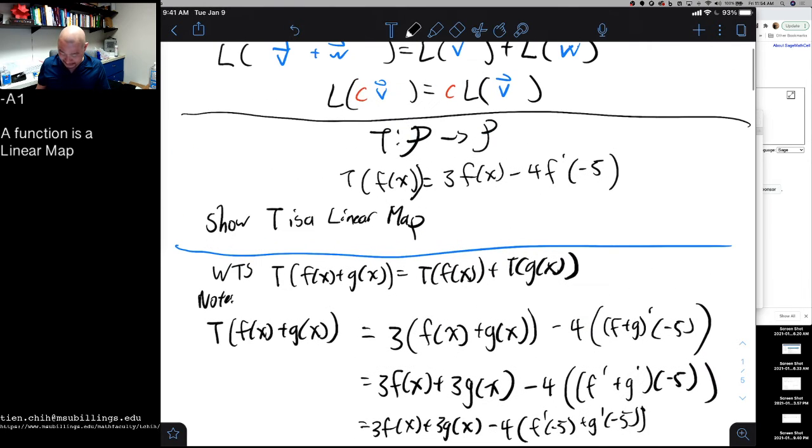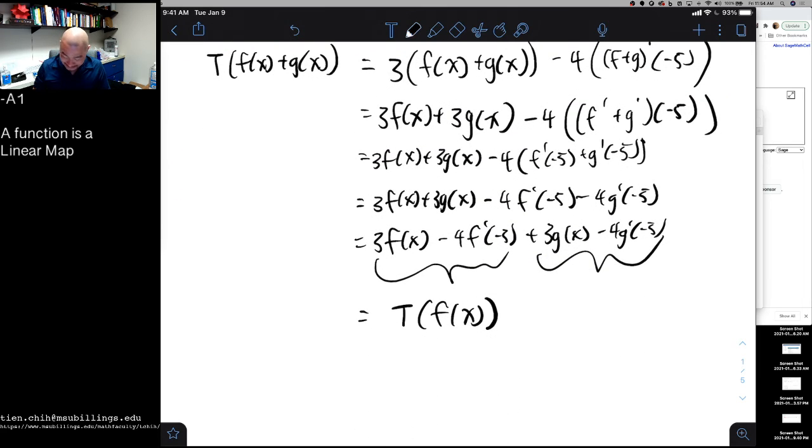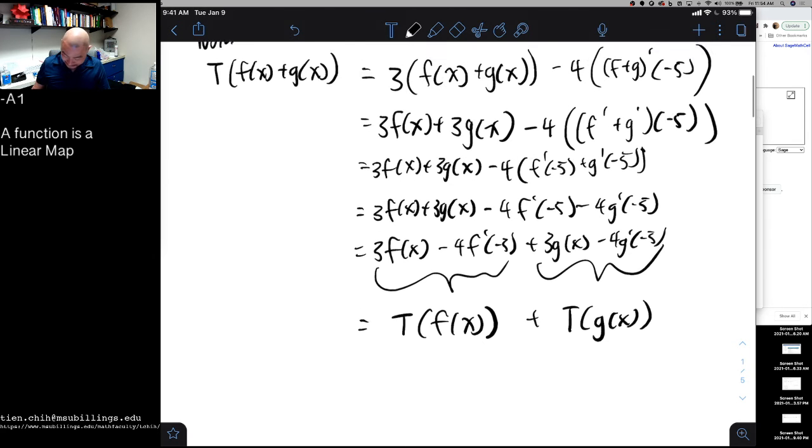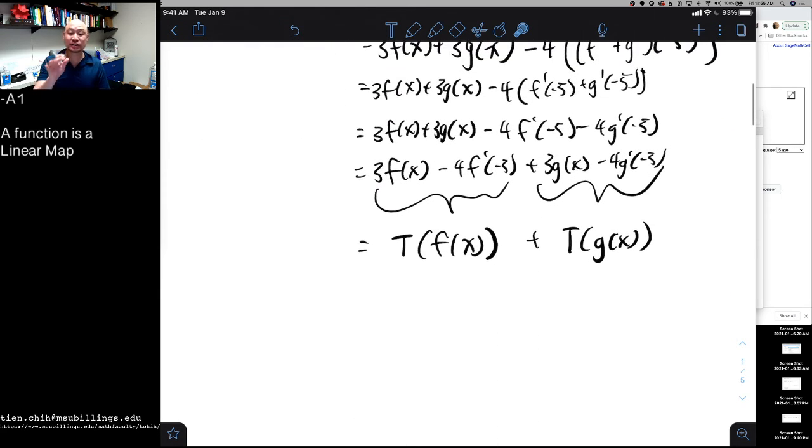When we look up and see what T does, that's exactly what that is. And what this is then is exactly the transformation of g of x. So we've shown that this is that, so the sum preservation holds.